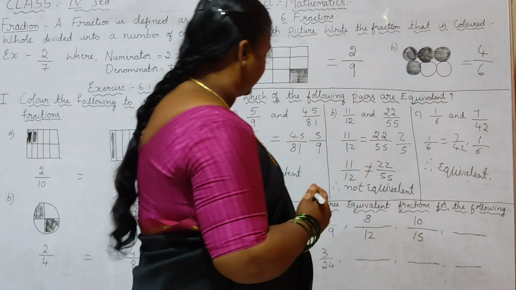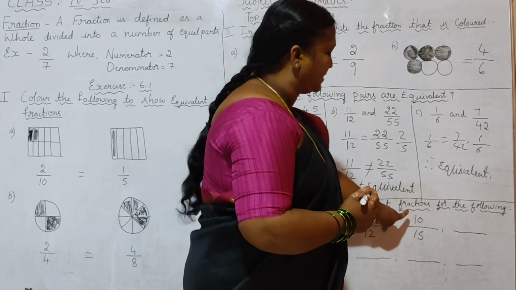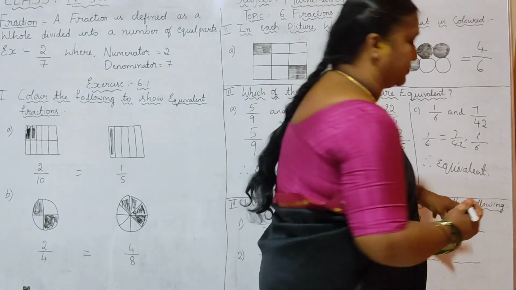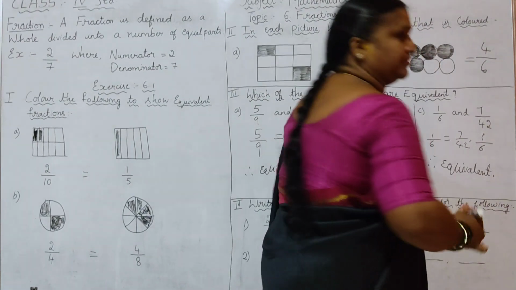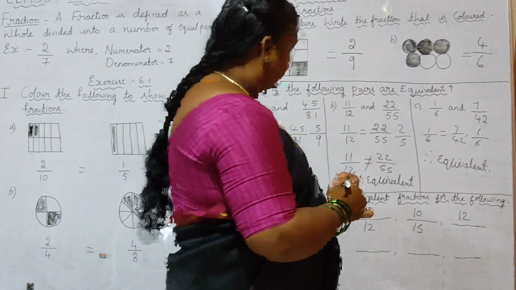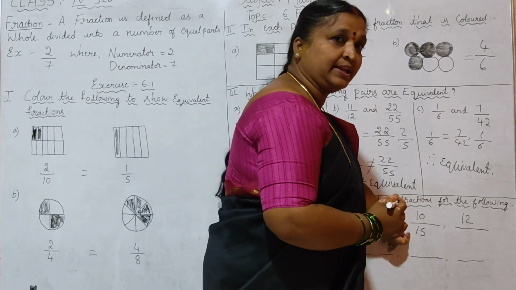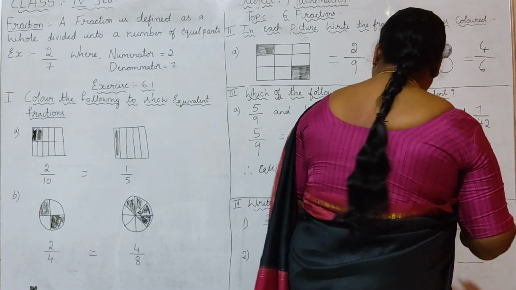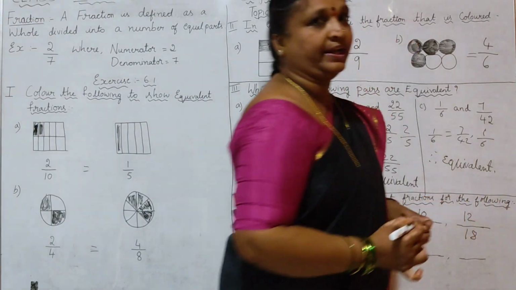Next, 2 twos are 4 up to 2 sixes are 12, and 3 sixes are 18. So 12 by 18.